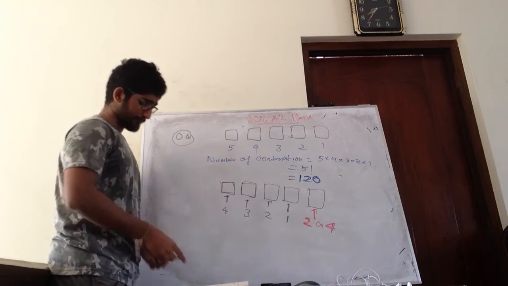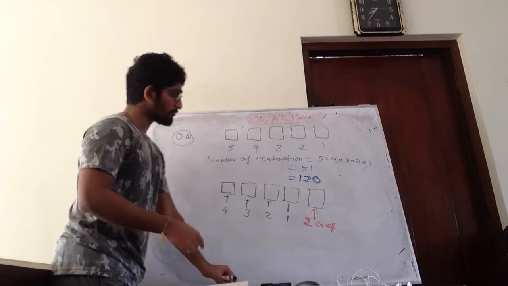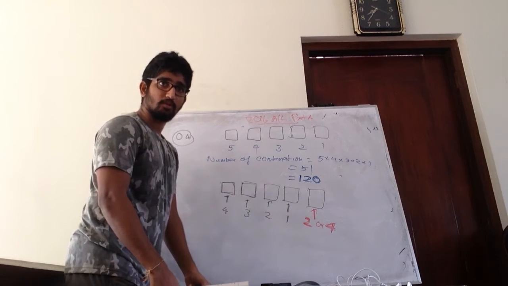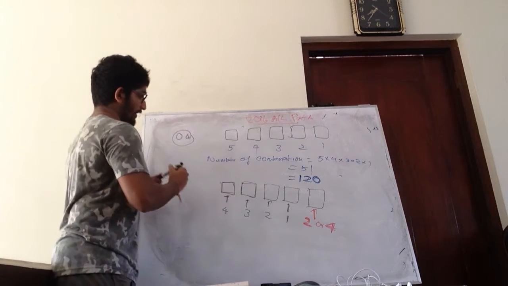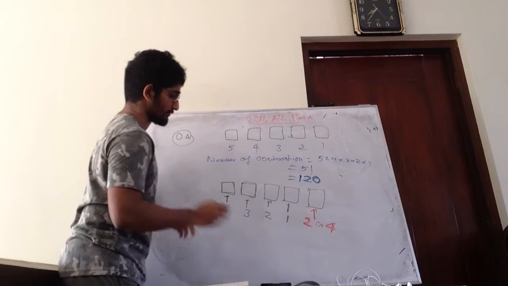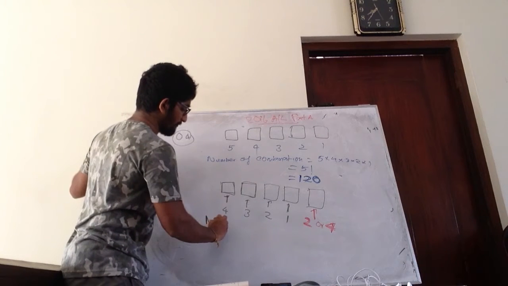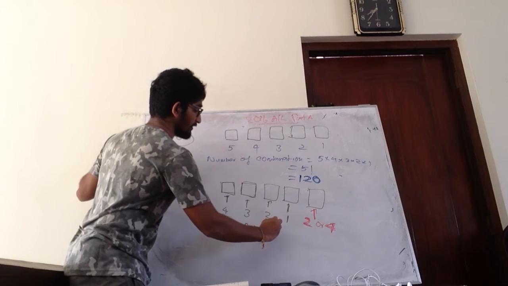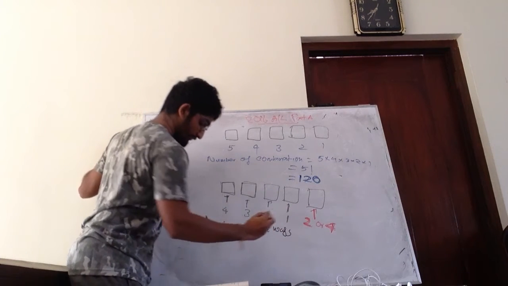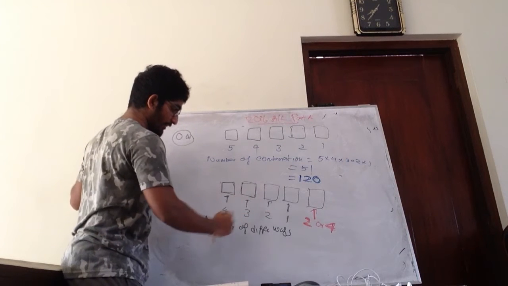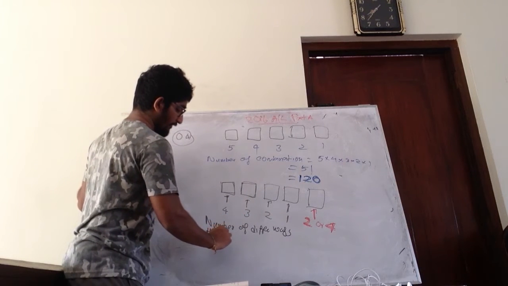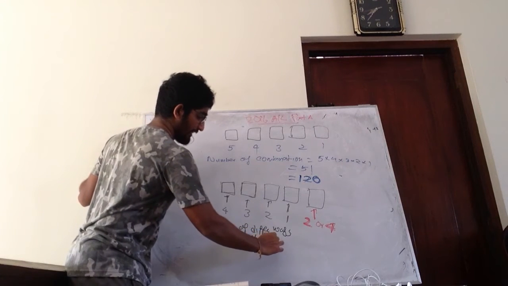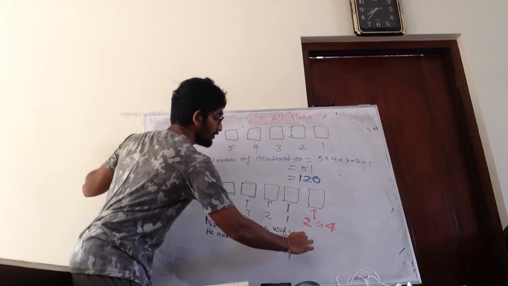Okay. So now let's assume we get 2 here. The number of different ways the number will end with 2.